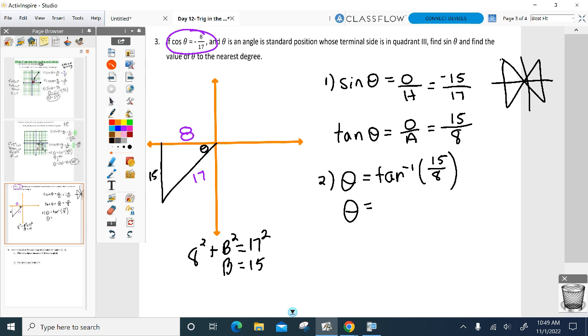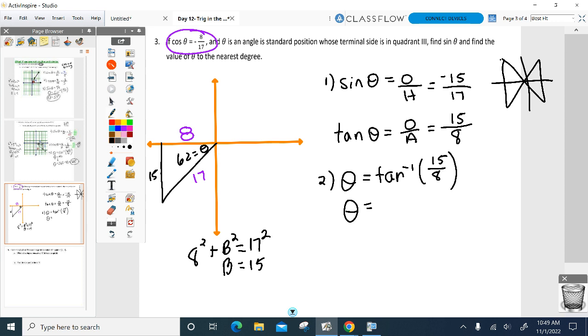What was our reference angle? 62. All right. Then what's the angle in the third quadrant? How do I find it? 180. Do I want to do 180? If I do minus, aren't I backing up into quadrant 2 now? Look, ready? 180.